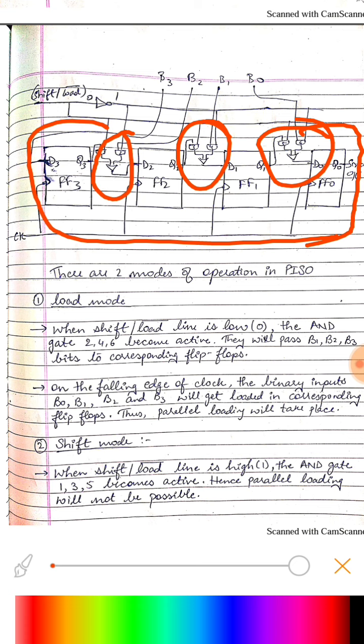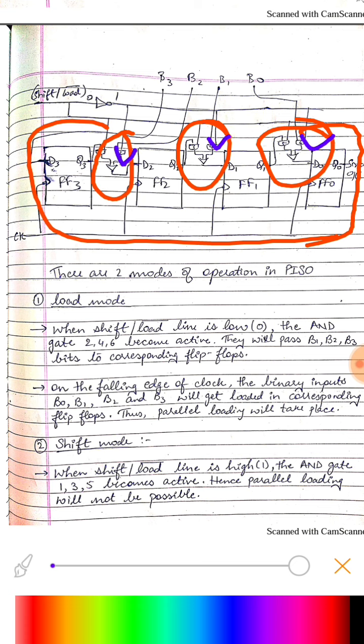Now if the select line, that is the shift and load line, is low, then the AND gates 2, 4 and 6 become active. This is 2, this is 4, this is 6.